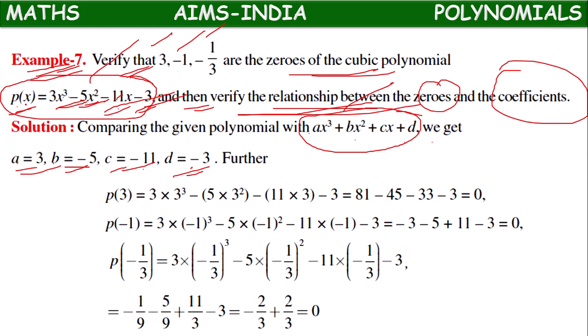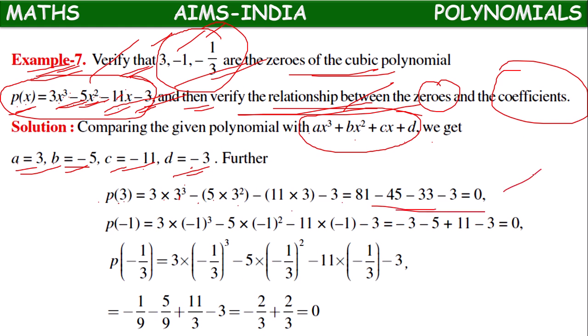Now p of x, let's see, we have to check whether these are zeros of the cubic polynomial or not. Let's substitute this 3 first. p of 3: 3x cube, so in the place of x we have to keep 3 cube, minus 5x square, minus 5 into 3 square, minus 11x, minus 11 into 3, minus 3 as it is.